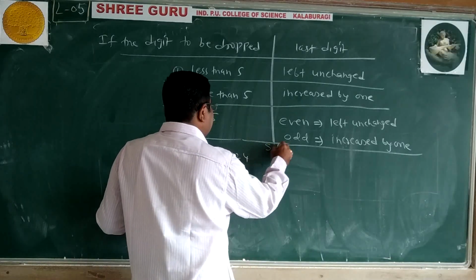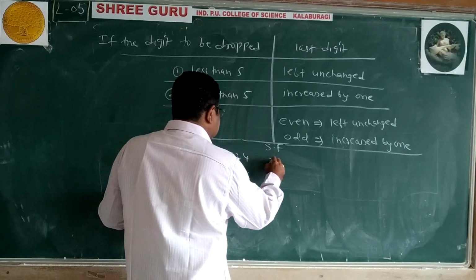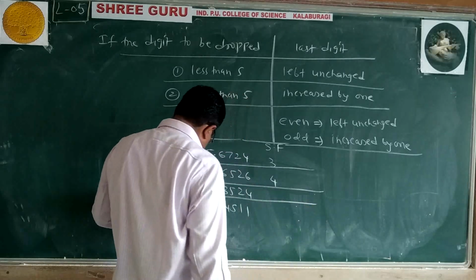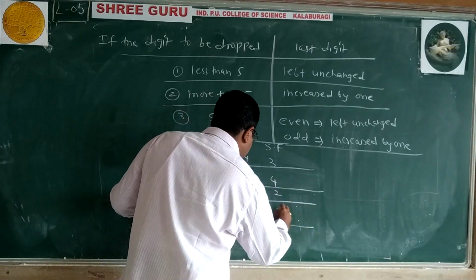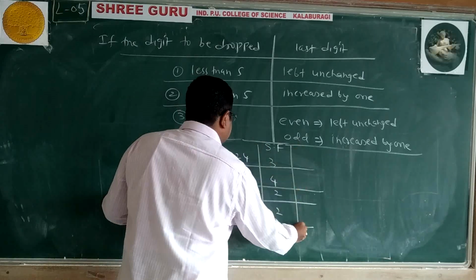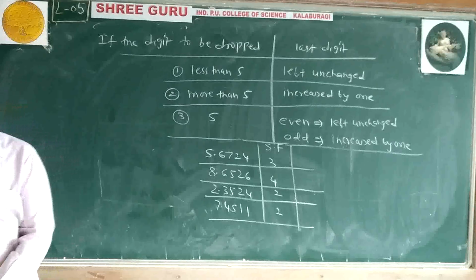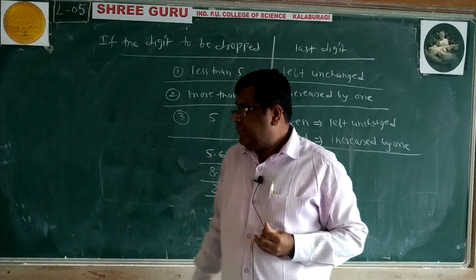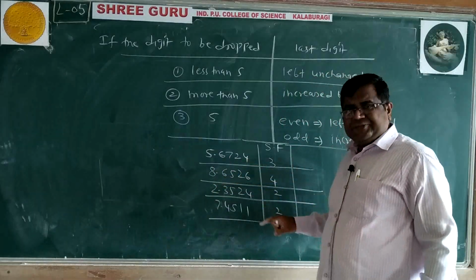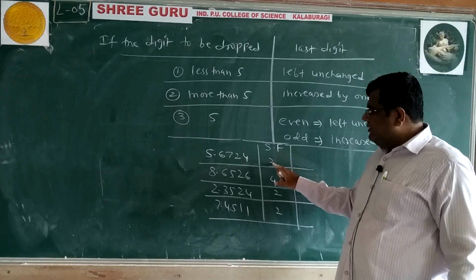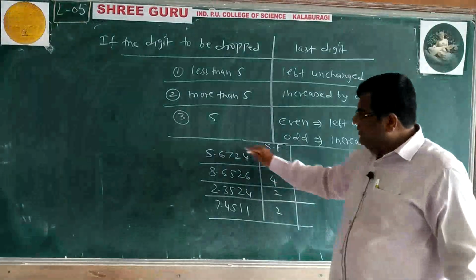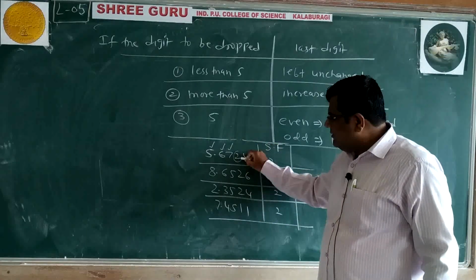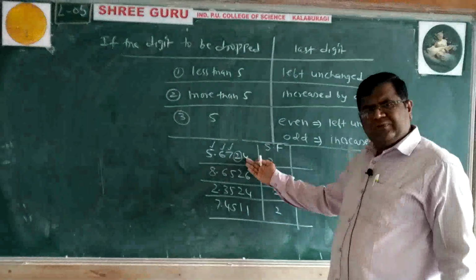And we want only 3 significant figures here, only 4 in this number, only 2 in this number, and only 2 in this number. See, I will explain. This has 5 digits, but we have to convert this into only 3 significant figures. So we should keep this, keep this, keep this. Now I have to drop this and of course this also, but this doesn't matter.